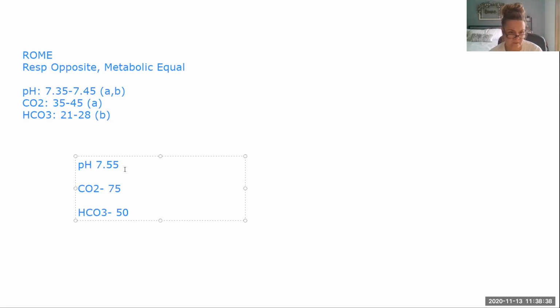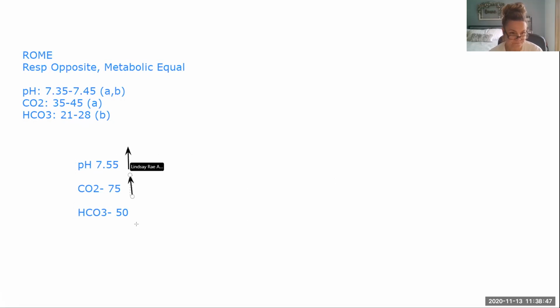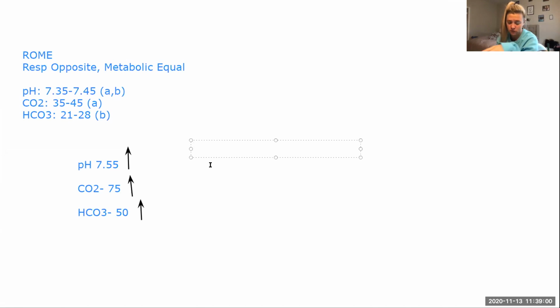High. CO2, high or low? High. Bicarb, high or low? High. Everything's high. So all the arrows are going in the same direction. So what does that tell you right away? It's metabolic. Respiratory opposite. Well, is our respiratory arrow opposite our pH arrow? No. And then metabolic equal. Is our metabolic arrow equal to our pH arrow? Yes.